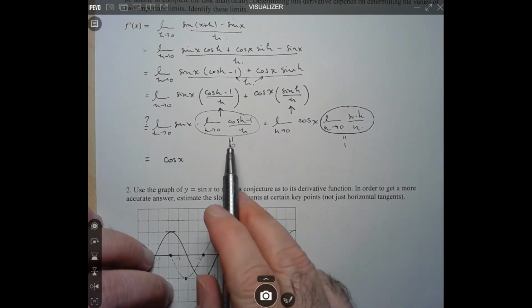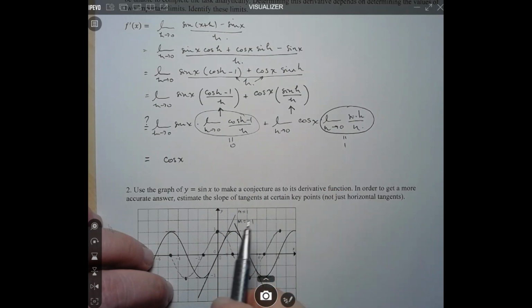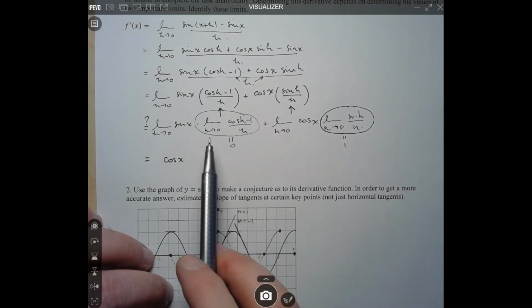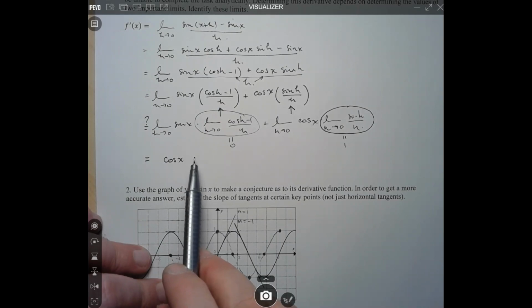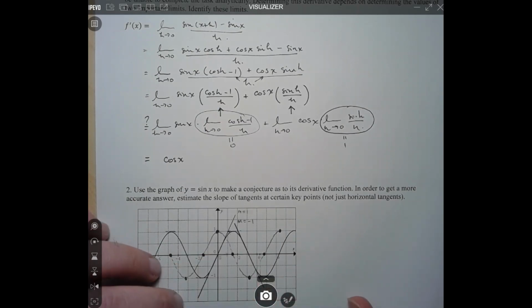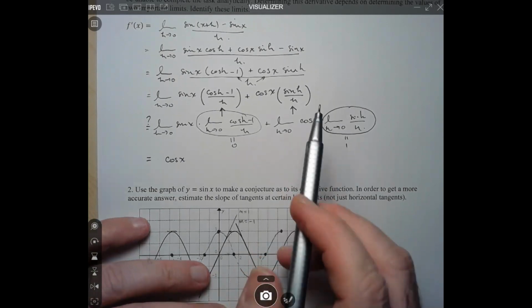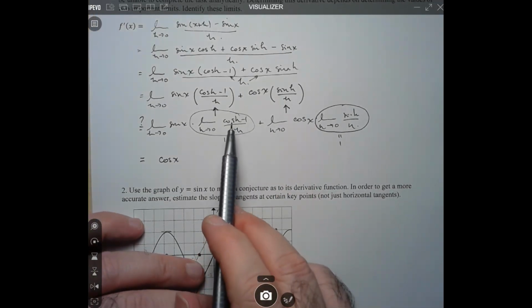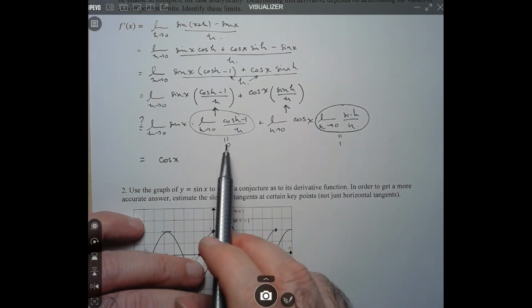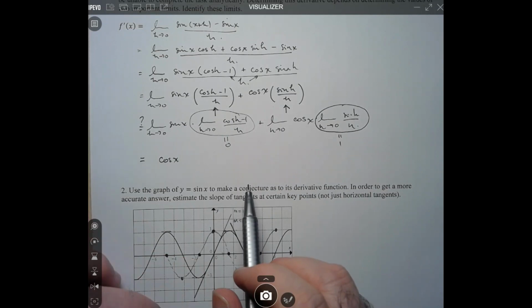So if these are true and have these values, then this justifies that the derivative of sine x is indeed cos x. Okay? Now, we're actually going to see later on, if we have time, that you can determine that this limit is equal to 0, knowing that this limit is equal to 1, okay?